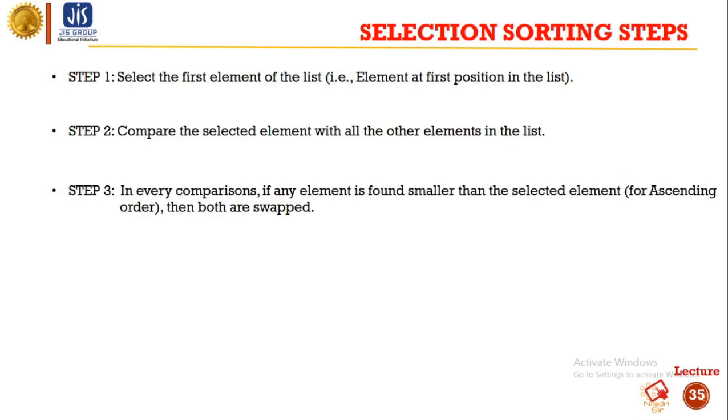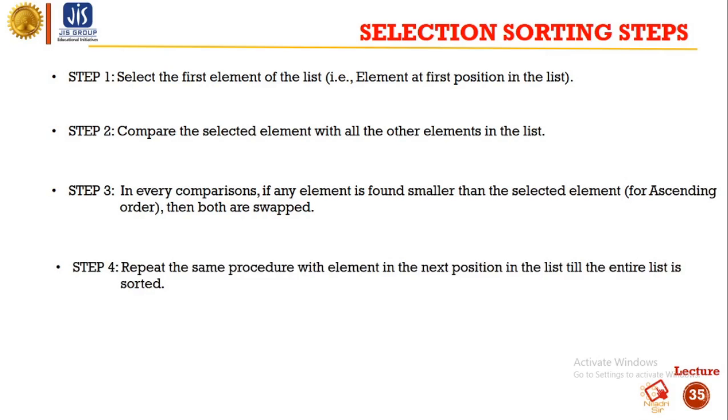In the third step, in every comparison, if any element is found smaller than the selected element, then both are swapped. In step 4, we will repeat the same procedure with the element in the next position in the list till the entire list is sorted.